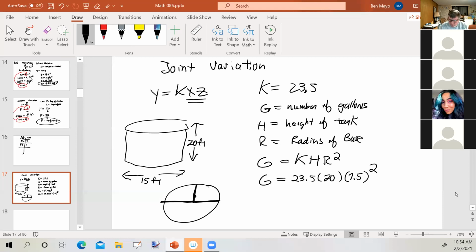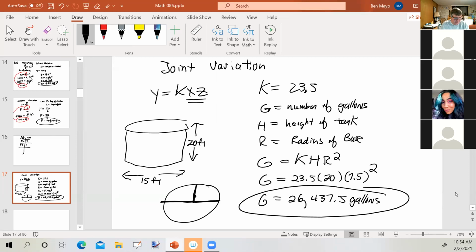So I've got 23.5 times 20 times 7.5 squared, and I get 26,437.5 gallons. Any questions about that?